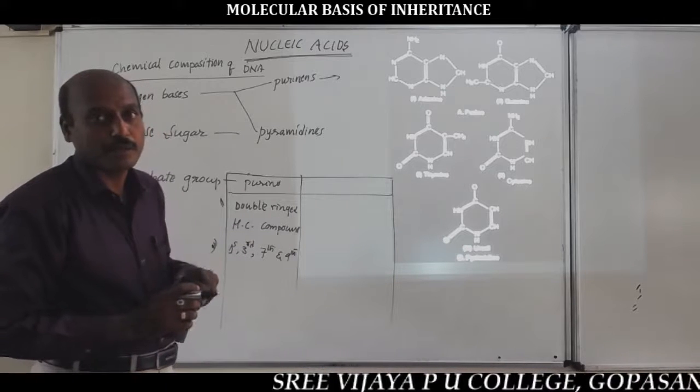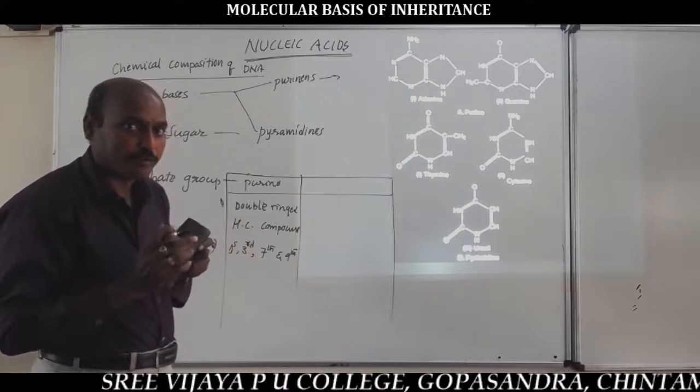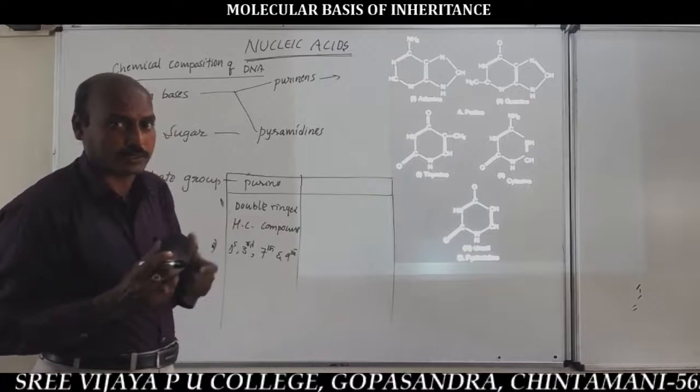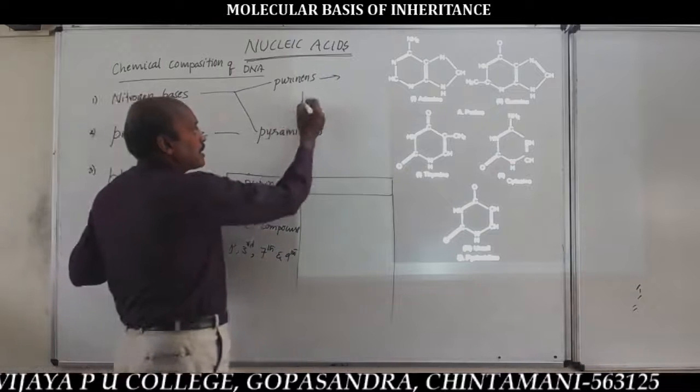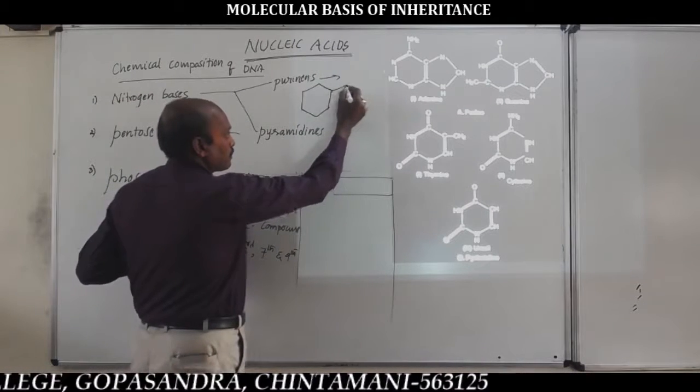Very important: these are formed by the fusion of two different rings, because purines are double-ring heterocyclic compounds.